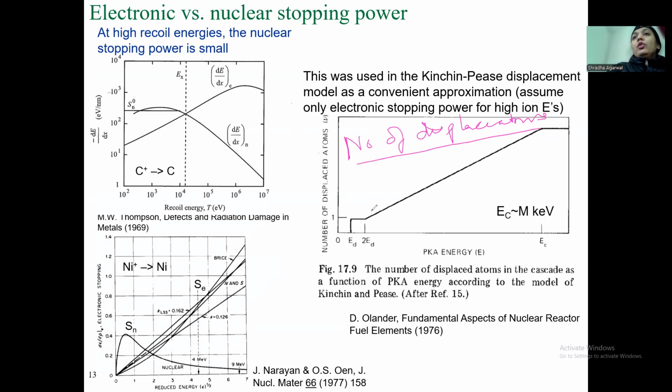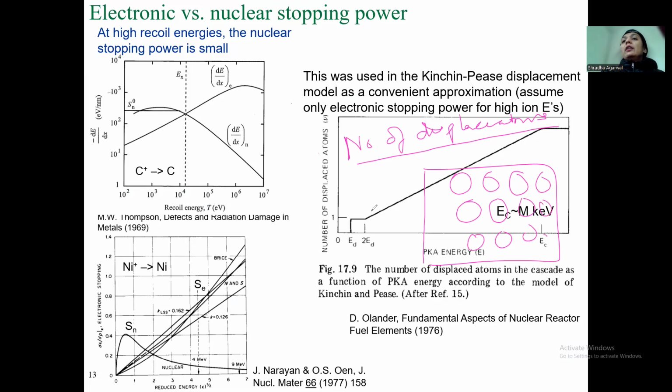If you don't know the electronic stopping power, nuclear stopping power, and all this knowledge, then the simple pen and paper model is: I give you a material and I ask you to calculate how many atoms you will be able to displace in here. You ask me one simple question. What will the question be?